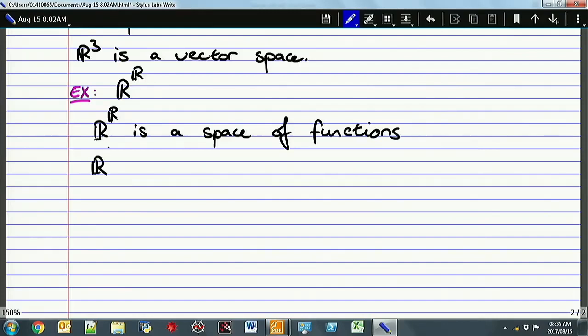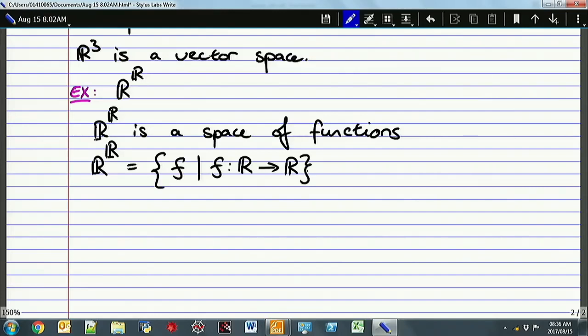We can write it down a little more directly than this. It's all the functions f such that f takes in a real number and gives you a real number. So it's a space of all real valued functions.